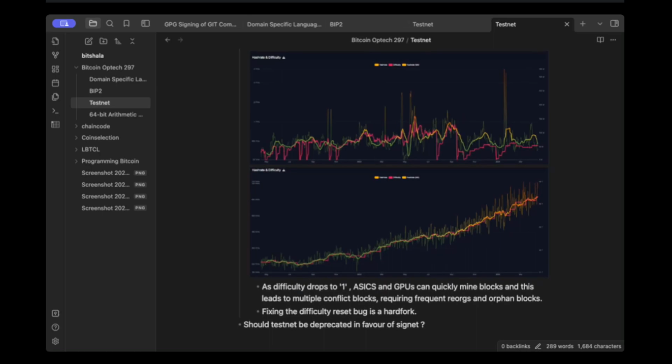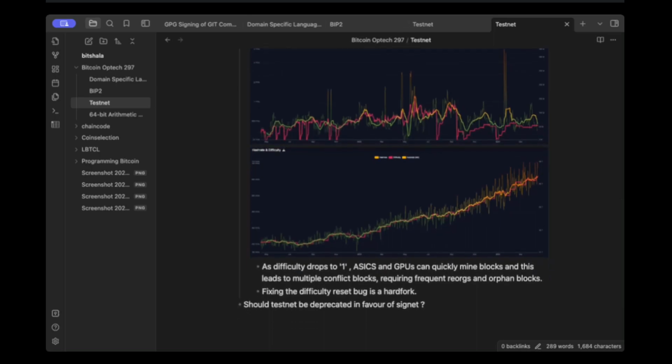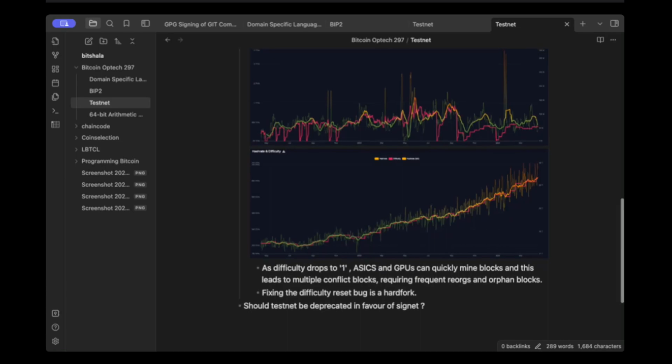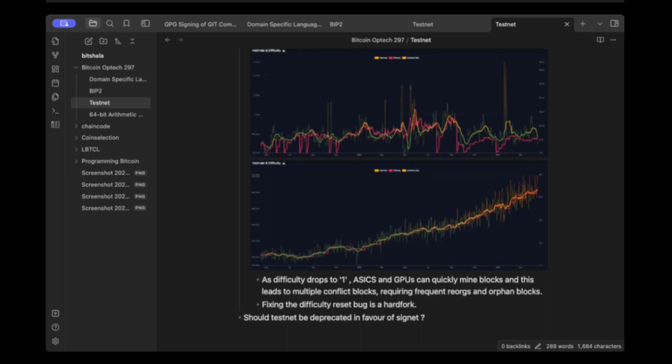People have wanted to fix this bug for a long time. The only issue is that if you want to fix this bug, you need to hard fork your testnet, because many systems are already up and running, and many people play on testnets.